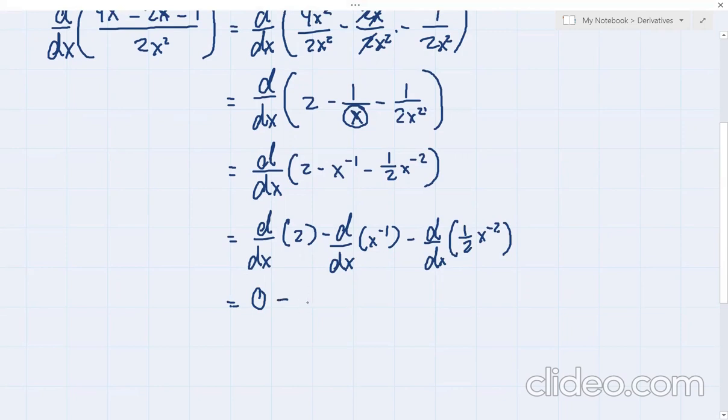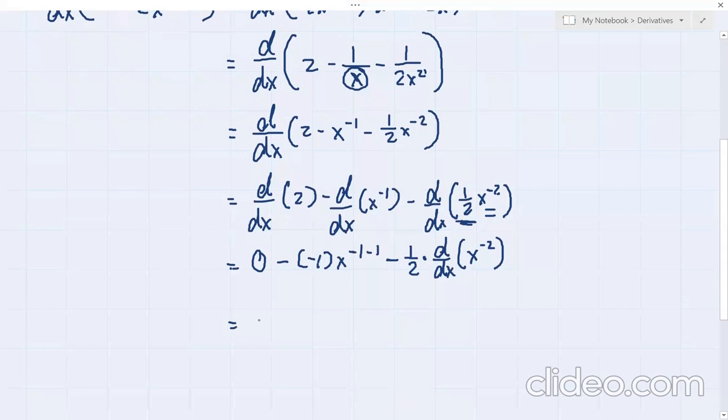So power rule of differentiation gagamitin natin. So we will have negative 1 times x raised to negative 1 minus 1. Then ito, meron tayong constant na 1/2 at meron tayong algebraic expression na x raised to negative 2. So mangyari dyan, we will have 1/2 times the derivative of x raised to negative 2.